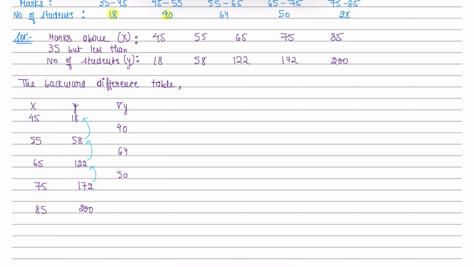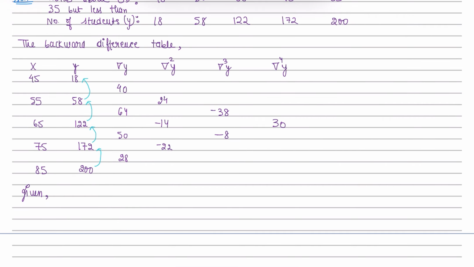And 200 minus 172, which will be 28. Similarly, calculating the second difference, the value of xn is equal to 85 and the corresponding yn value is 200 and the value of h here is 10.